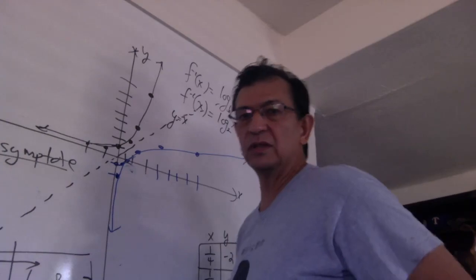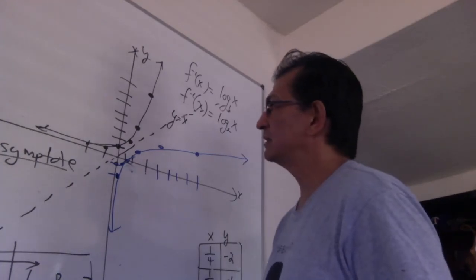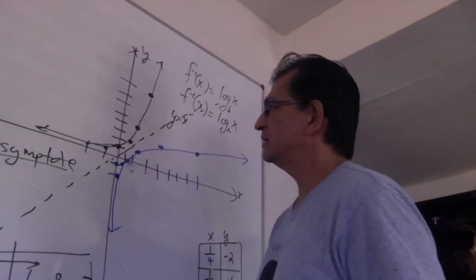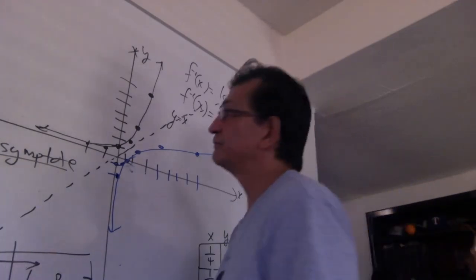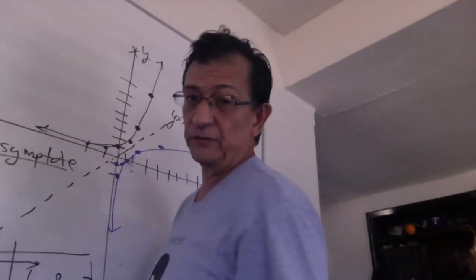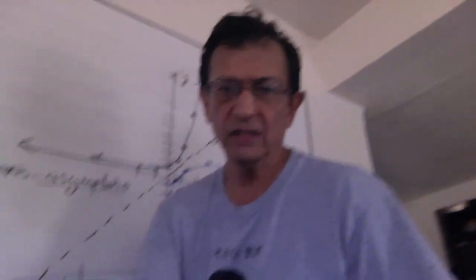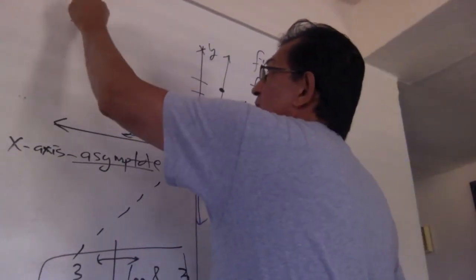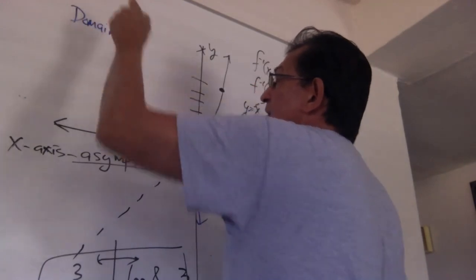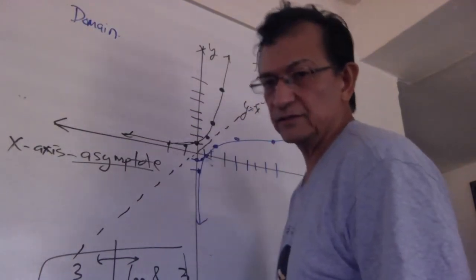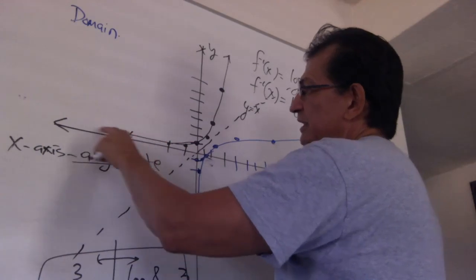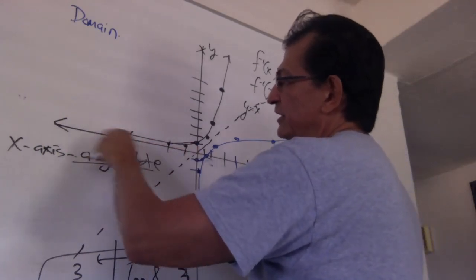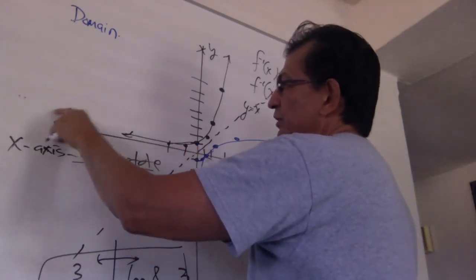One thing we can determine here is the domain and range of an exponential function and a log function. Let's look at the domain and range of the exponential function. The domain is the possible values of x. Along the x-axis, if we have an x, we're going to find a y.